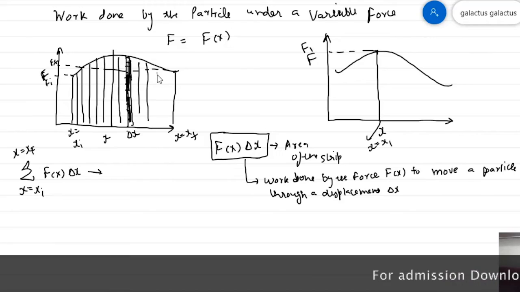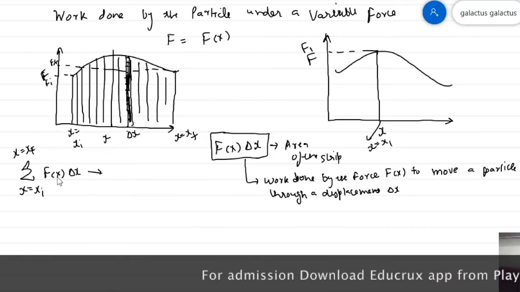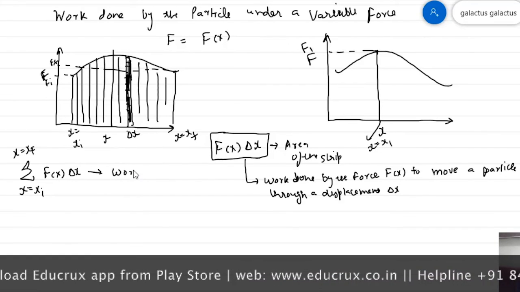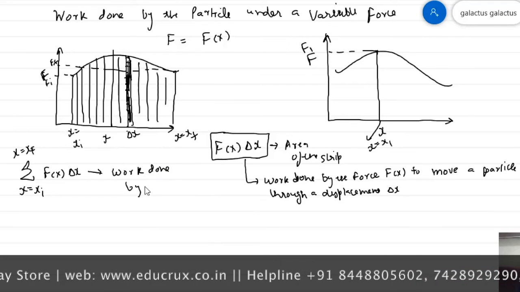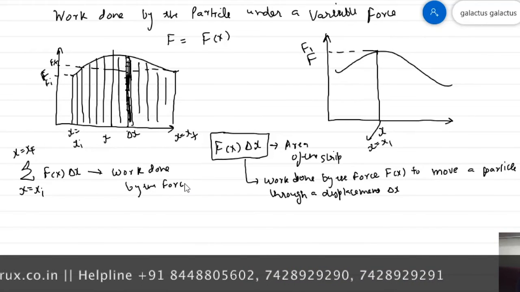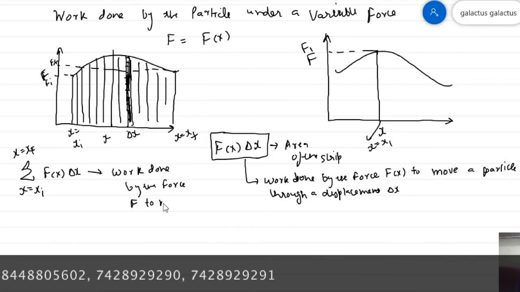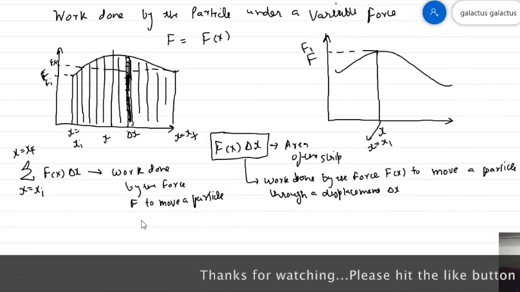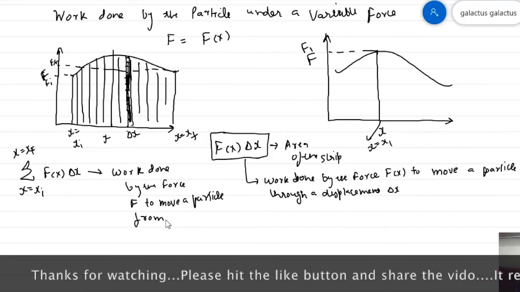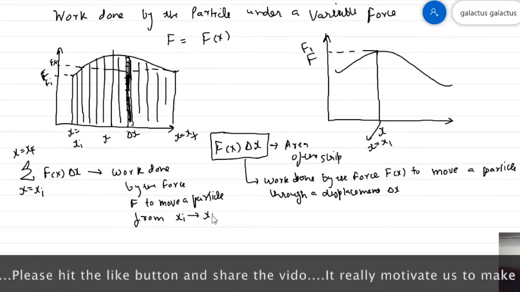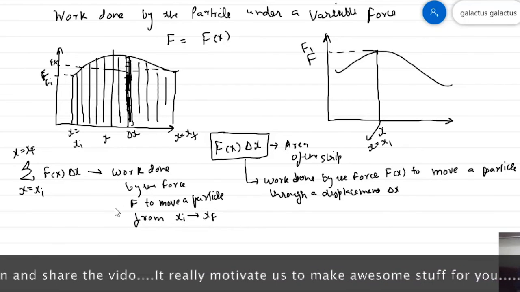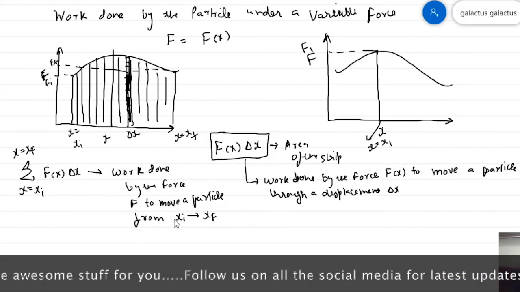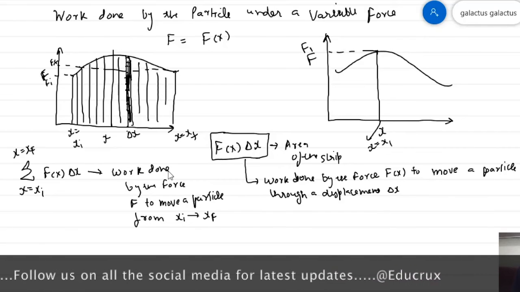So in general, if I do this calculation, then I have calculated the work done by the force F to move a particle from xi to xf. So this summation means that we have calculated the work done by the force to move a particle from xi to xf.